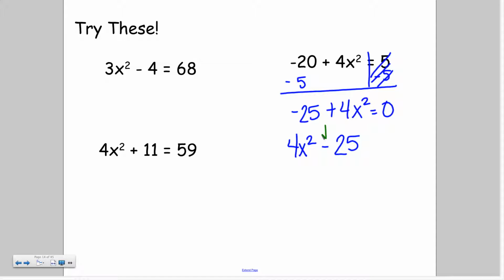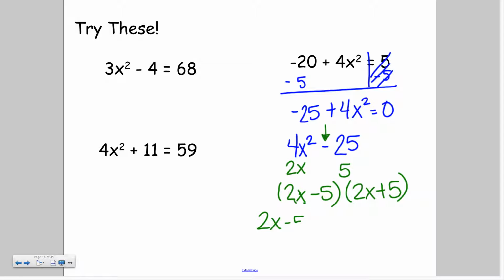Now I can use DOS, difference of squares, because I have the minus. I know 4 and 25 are both perfect squares. So the square root of 4 is 2. Square root of x squared is x. The square root of 25 is 5. So I'm going to do 2x minus 5, 2x plus 5. And then there I can set each of those equal to 0, which you're used to doing.